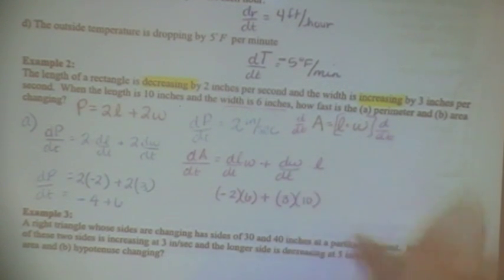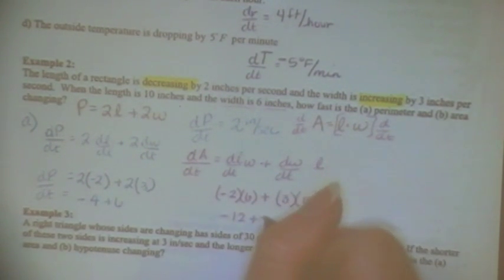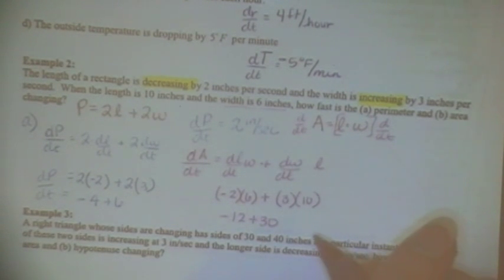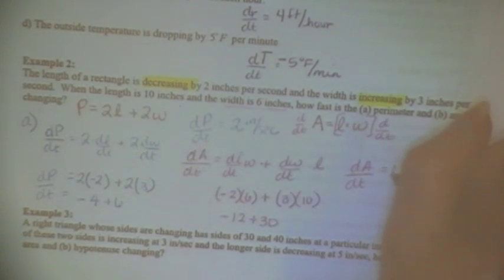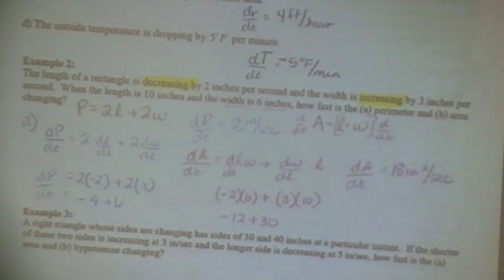L is 10. So I got dA/dt equals 18. Now this is area, so it should be inches squared per second. That good?